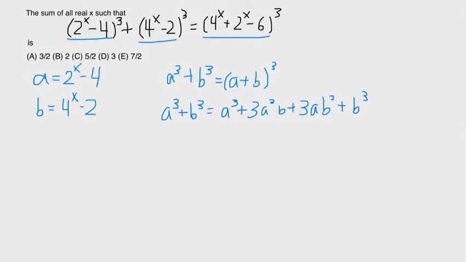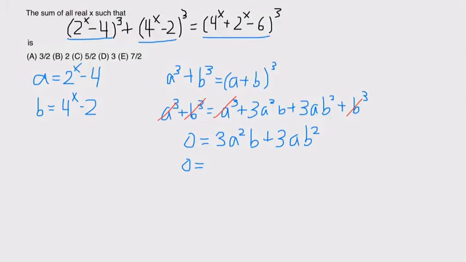Okay, and now we have a^3 and b^3 on both sides, so we can easily subtract and cancel that out. That gives us 0 = 3a^2 b + 3ab^2. And then we can factor that out.